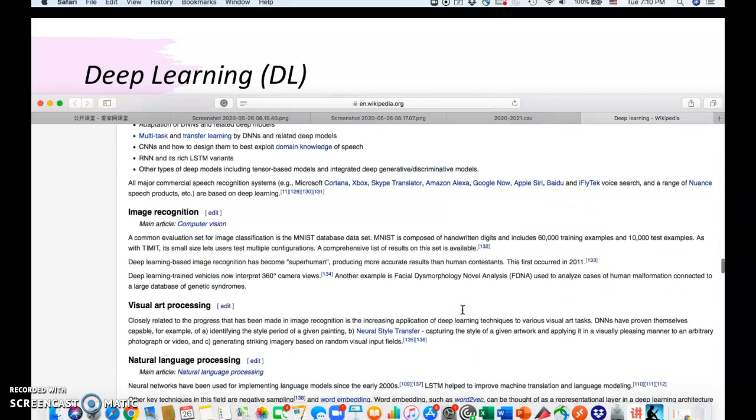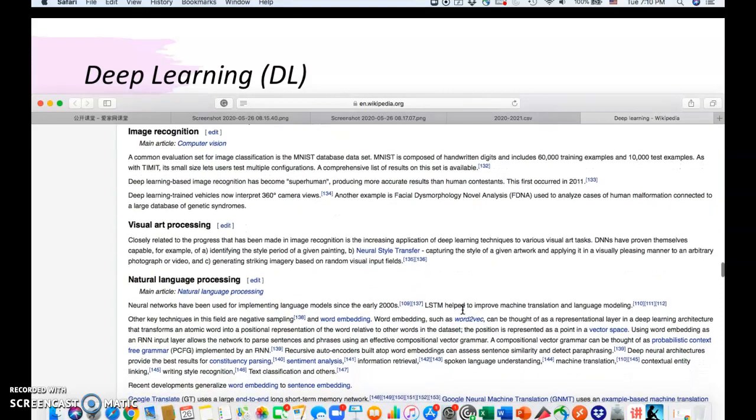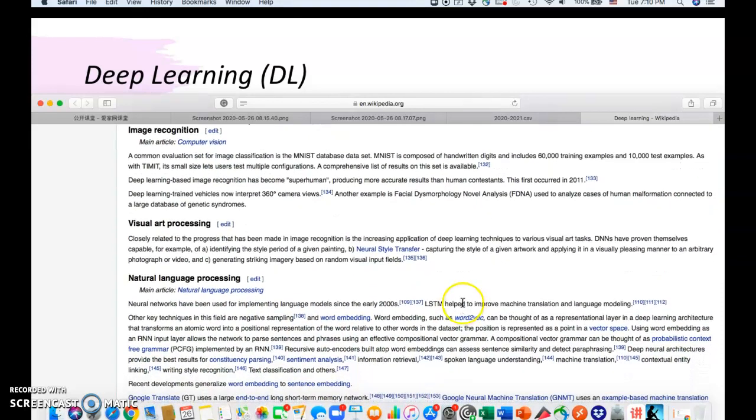There are a lot of applications like image recognition, visual art processing, and natural language processing, which is one of the big parts of using neural networks to learn voice, and not only voice but also text processing.